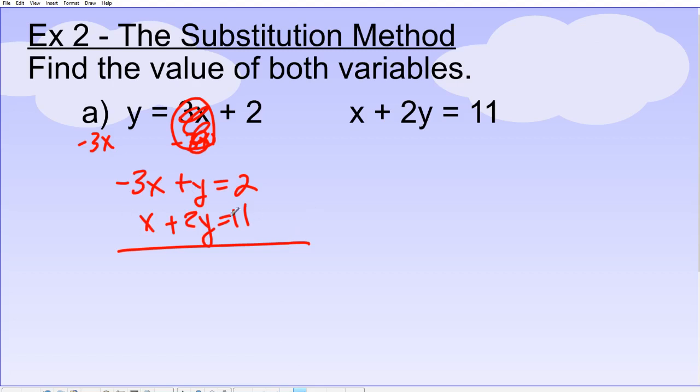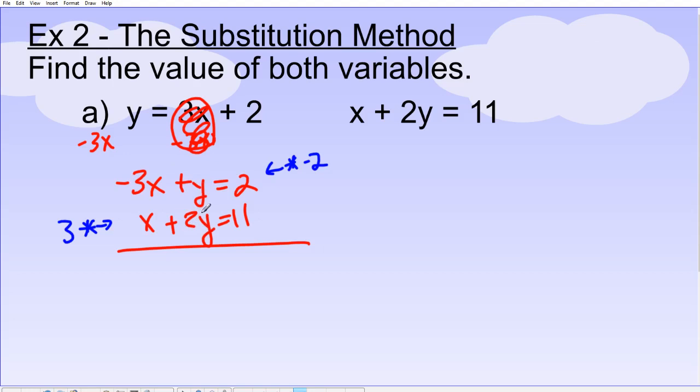Yes! If I multiplied this equation by 3, my x's would eliminate, because I have a negative 3 and a positive 3. If I multiplied the top equation by negative 2, my y's would eliminate, because I'd have a negative 2y and a positive 2y. Those are both options.